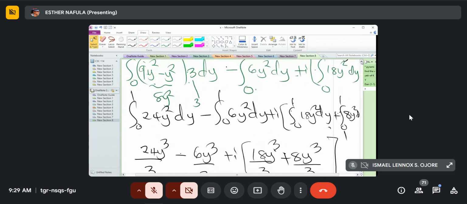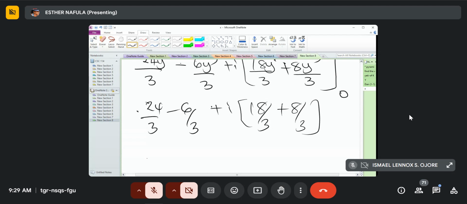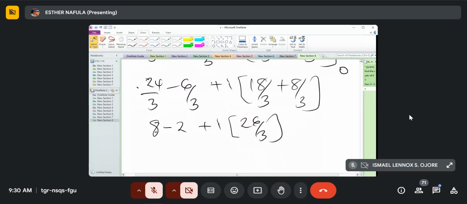No, we had 9y squared minus y squared times 3 dy. So 9y squared minus y squared gives you, what does it give you? 8y squared. Okay, so times 3. Oh, fine. Okay, I think everything should be okay now. 24 over 3 is 8, 6 over 3 is 2, plus i, 18 plus 8 is 26 over 3. 8 minus 2 is 6. So this is 6 plus 26 over 3 i.